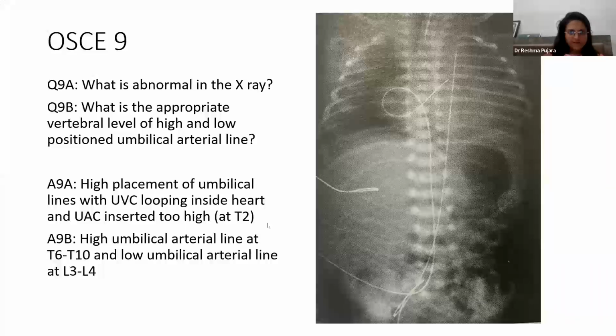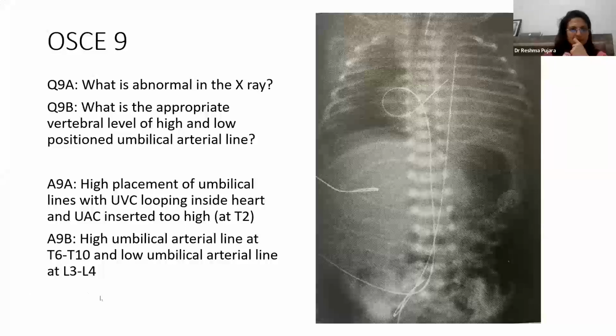Branches of aorta, thrombus, sepsis, dislodgement. Okay, good. If it is at T12, what would be the risk? Which organ will get affected? Renal vessels. Okay. Liver, intestine. Very good. Correct.